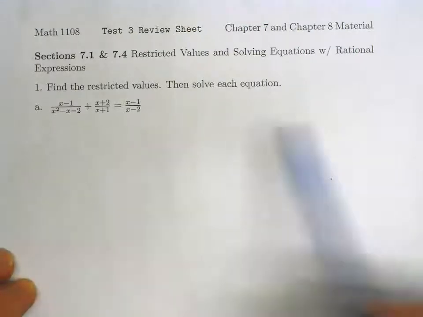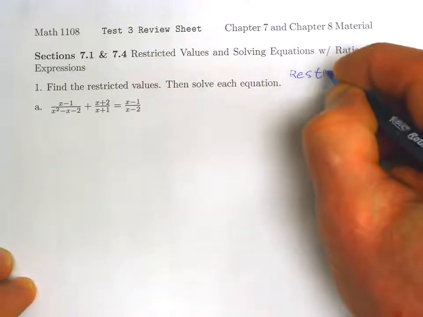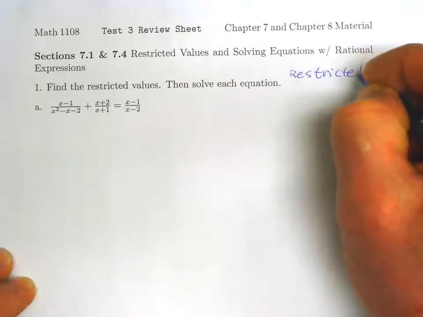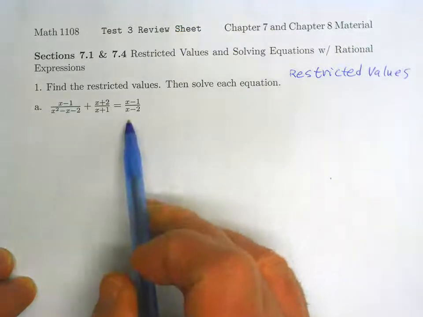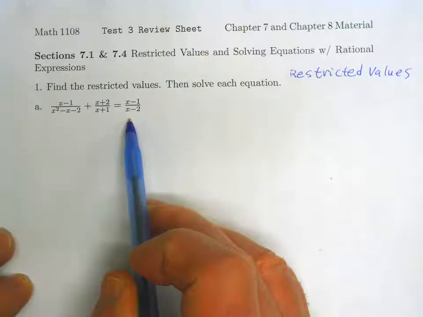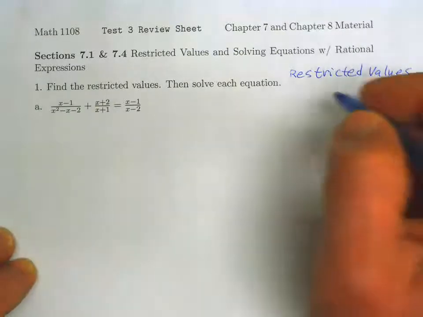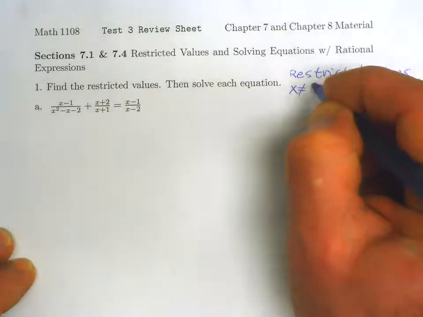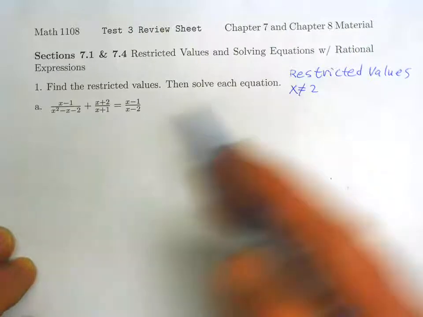So first we'll identify the restricted values. The restricted values are the x values that make the denominator 0. If you look at this denominator x minus 2, the restricted value in that denominator is 2. So we say x cannot be 2. This denominator is x plus 1.